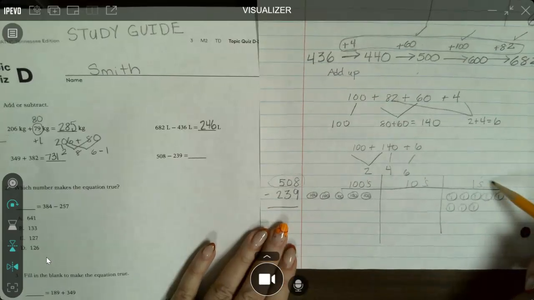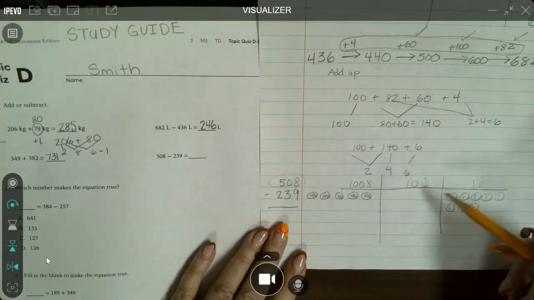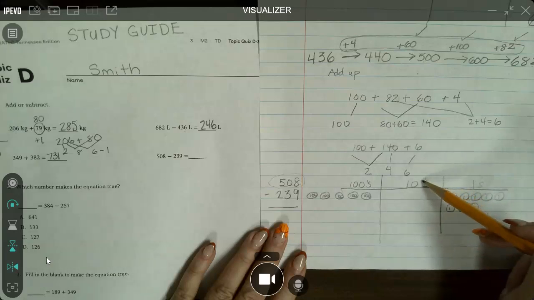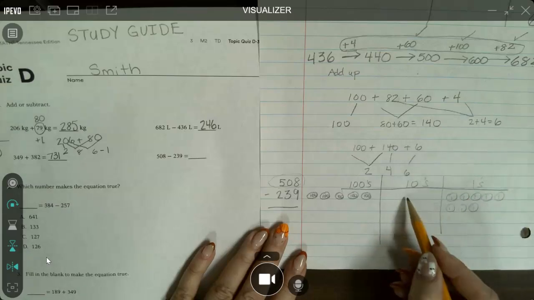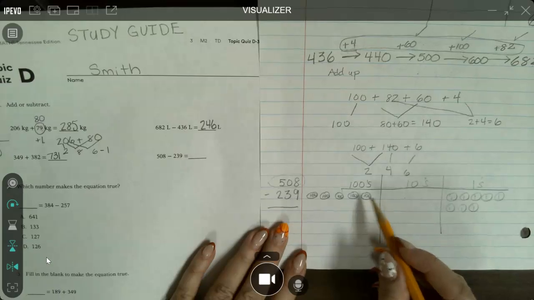I begin in the smallest place value or with the smallest unit. I do not have enough to take 9 away. But when I go here, this place value also has nothing that I can borrow. That means this place value has to go next door and borrow first.